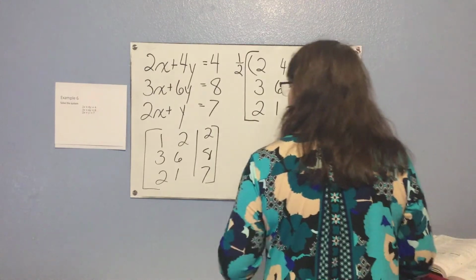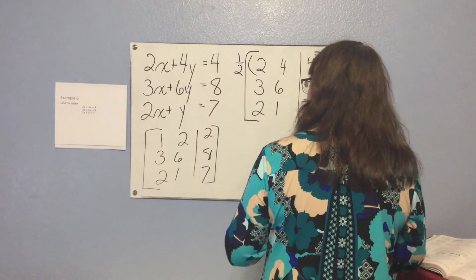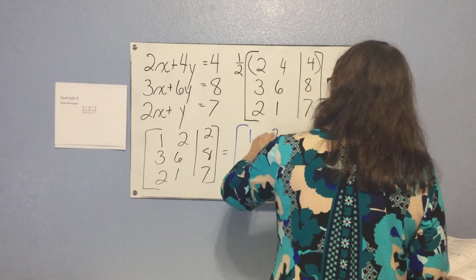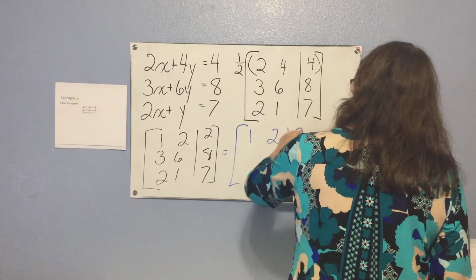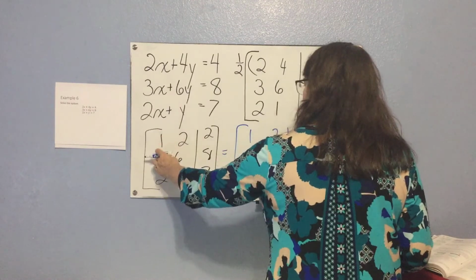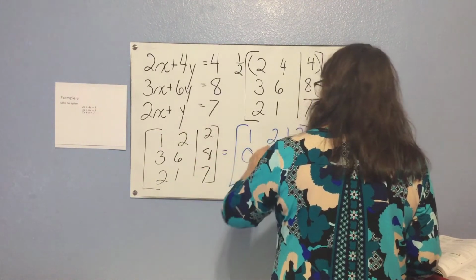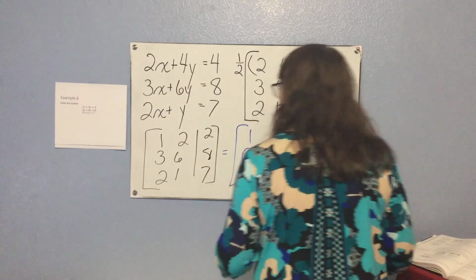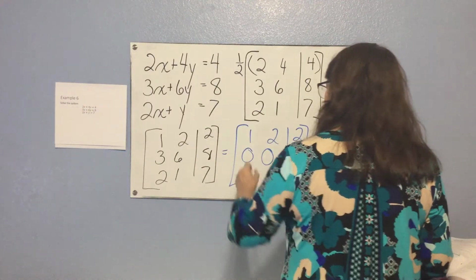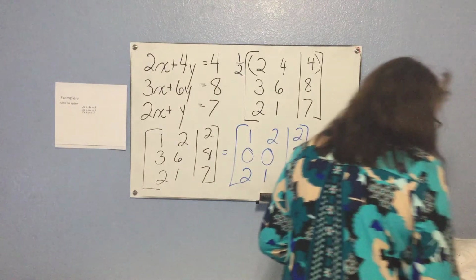My next step is to multiply this row by -3 and add it to this row. 1, 2, and 2, negative 3 and 3 is 0. Negative 6 and 6 is also 0. And then negative 6 and 8 is 2. And then I can write 2, 1, and 7.